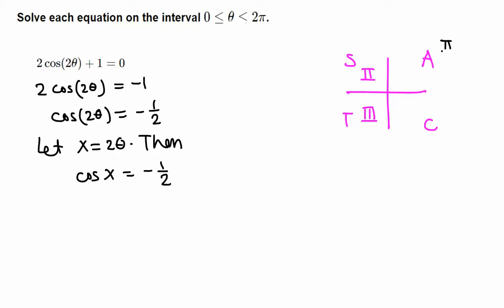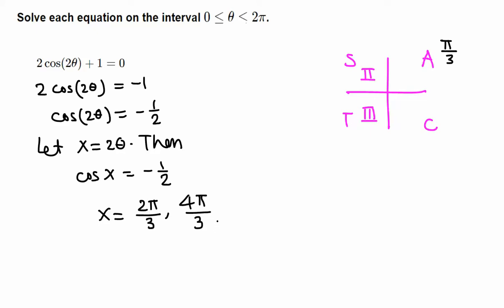But we are looking for the answers in the second and third quadrants, so the corresponding angles are 2 pi over 3, so x equals 2 pi over 3, and in the third quadrant that's 4 pi over 3.